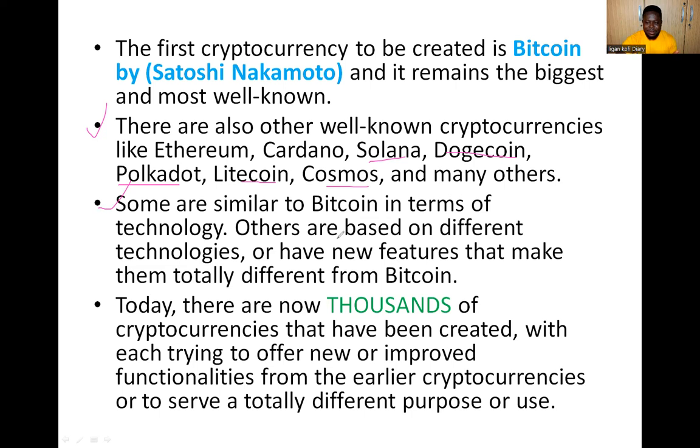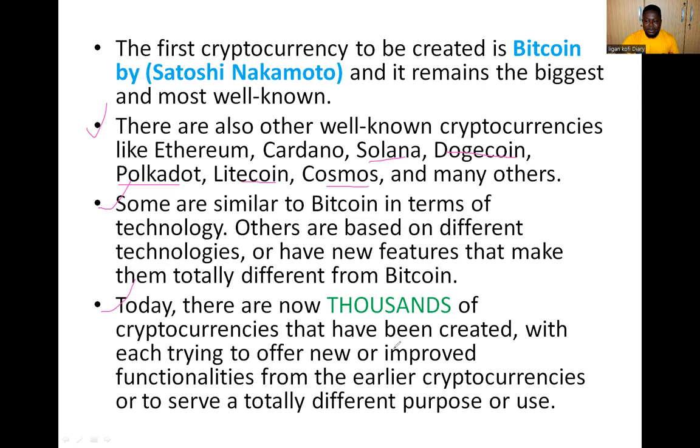I think this is understandable. Today, there are thousands of cryptocurrencies that have been created, each trying to offer new or improved functionalities from the earlier cryptocurrencies, or to serve a totally different purpose or use.